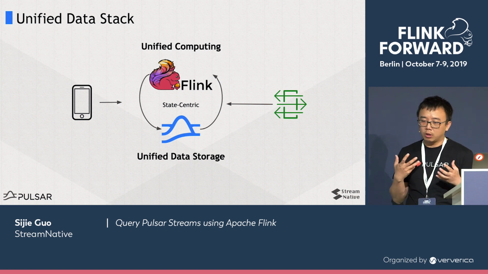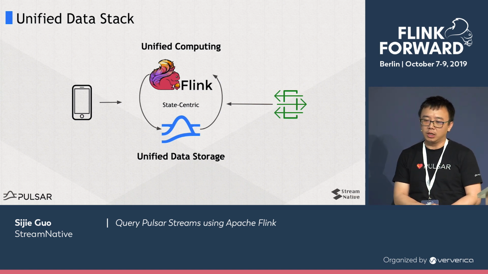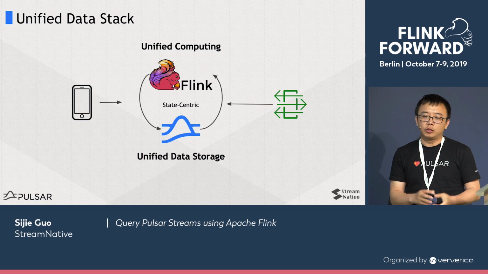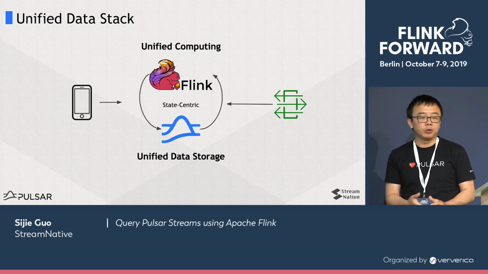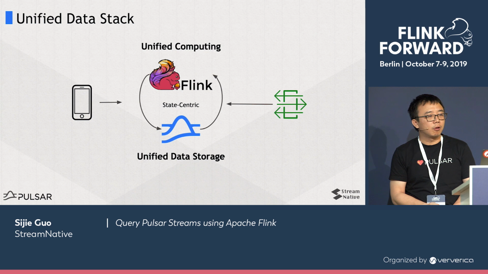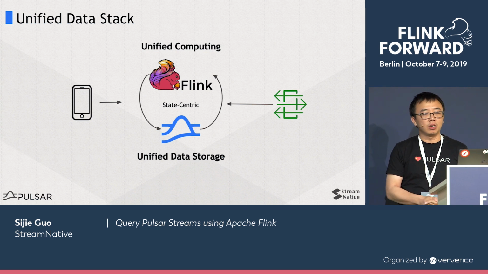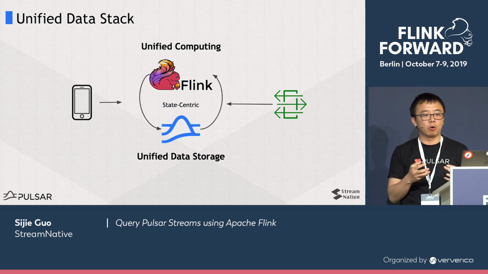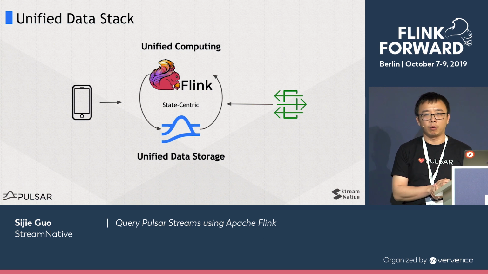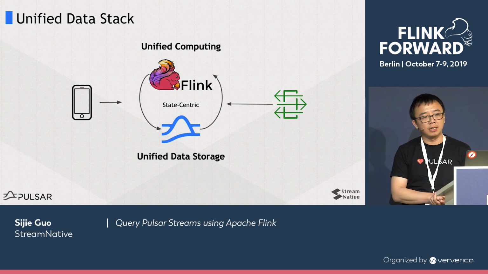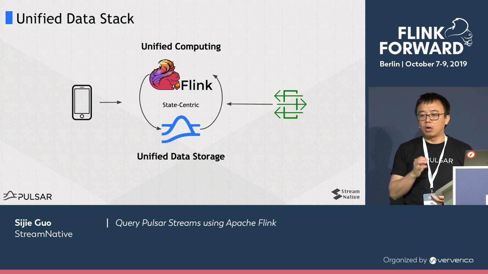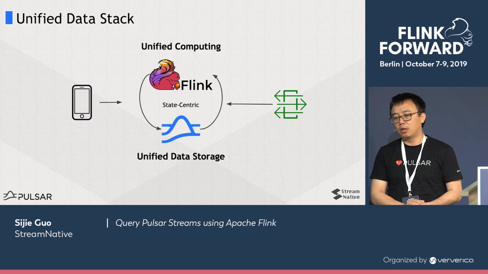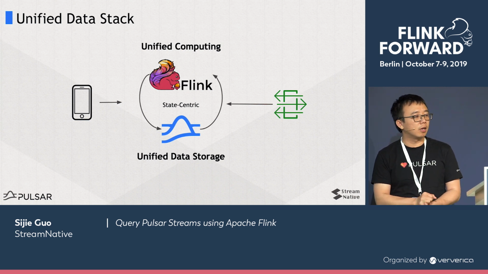So the integration we are taking here is to use Flink and Pulsar to build a unified data stack. Flink can be the unified computing engine, and Pulsar can provide unified data storage for both the latest data and historic data. Another core strength that Flink provides is state management.